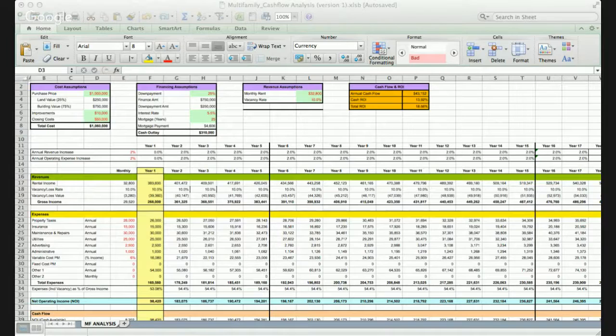you might be overpaying for utilities. You might be paying for water, and you might be paying for electricity as the landlord. Well, you can then bill those back to the tenants through a RUBS program, RUBS meaning that you bill back to the tenants. So you say, well, hey tenants, my utility bill is X per month.